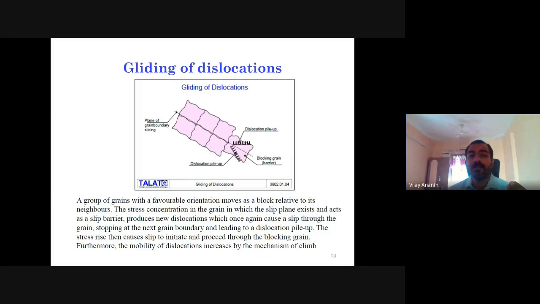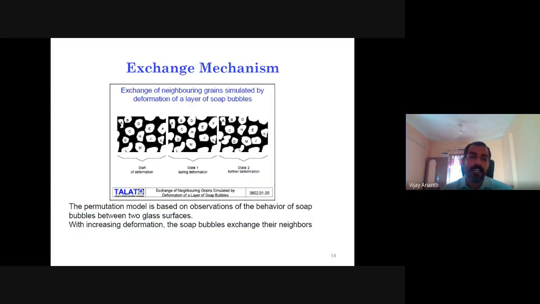Cavitations means some empty spaces will be there, right? So these cavitations lead to some failure in the components. But with the slips, the grains will be moved again, exchange their positions, and automatically replace their own. Okay, so this is the gliding of dislocation.